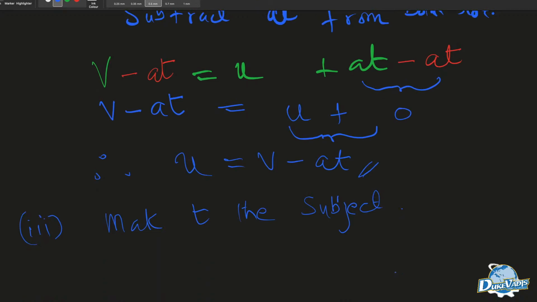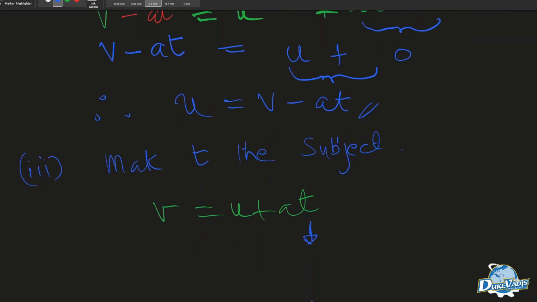How do we make T the subject? From the same equation we have. We knew right from the scratch, the equation given is V equals U plus AT. And our interest here, we have been told to make T the subject.